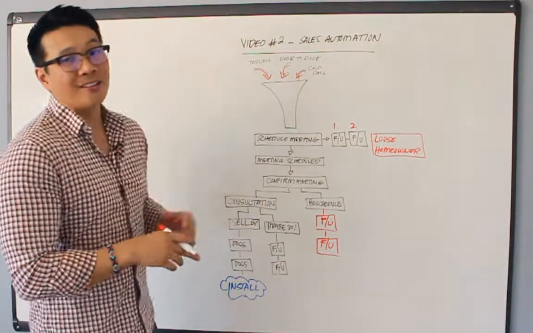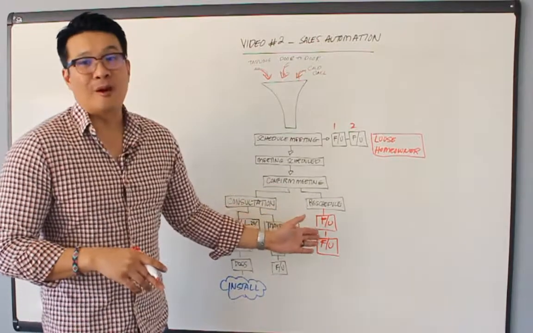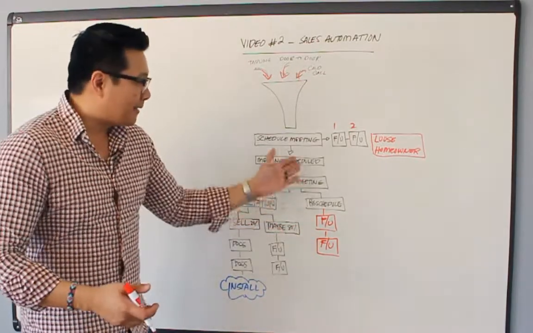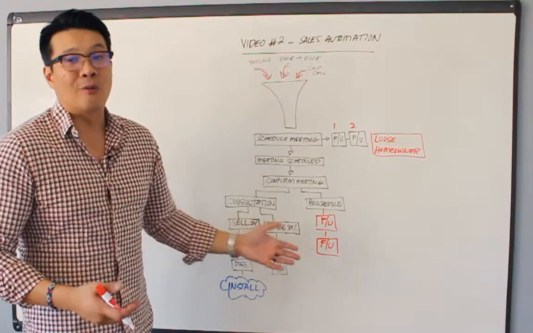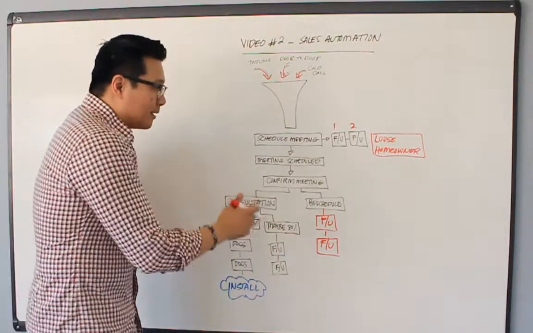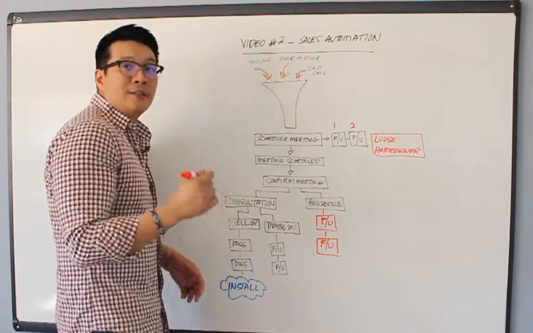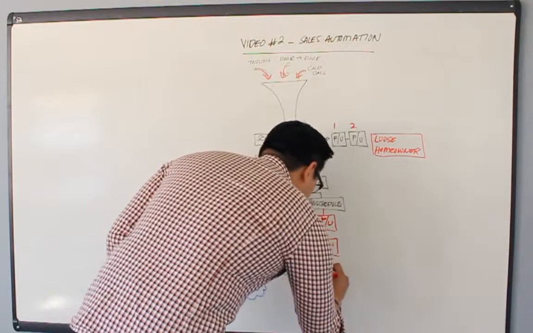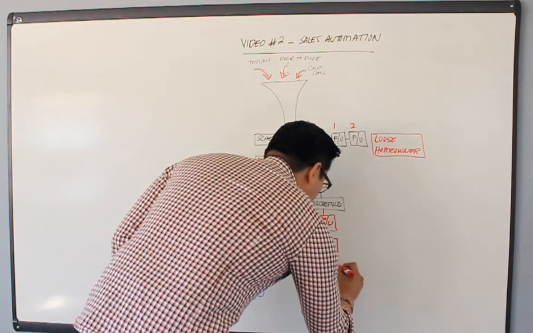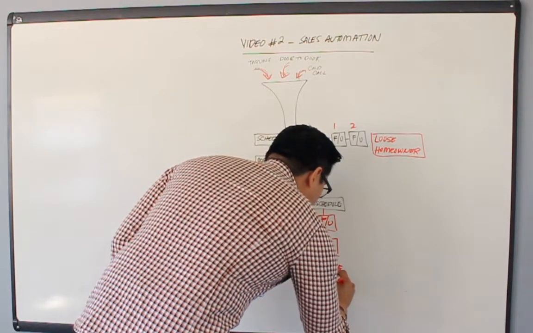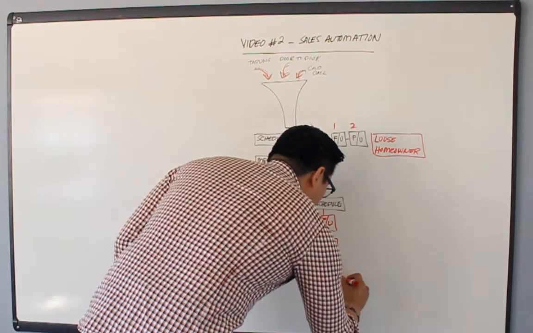So you're going to focus on those, and you're eventually going to forget about these leads that want to reschedule, right? So that's another area where you're actually losing homeowners.